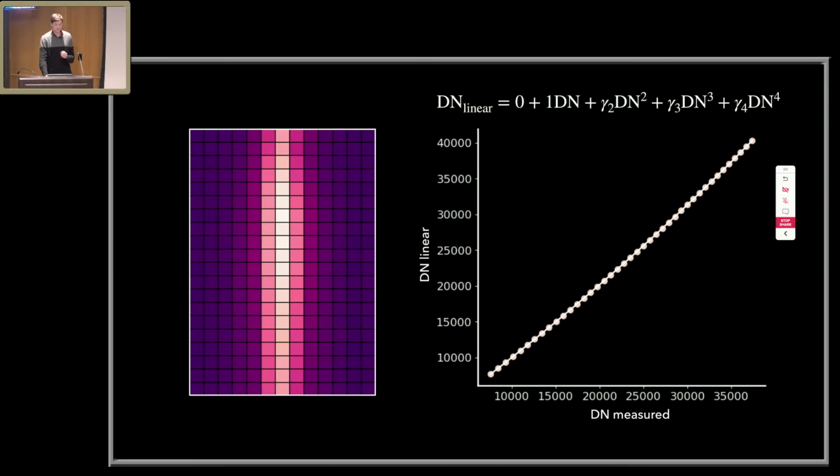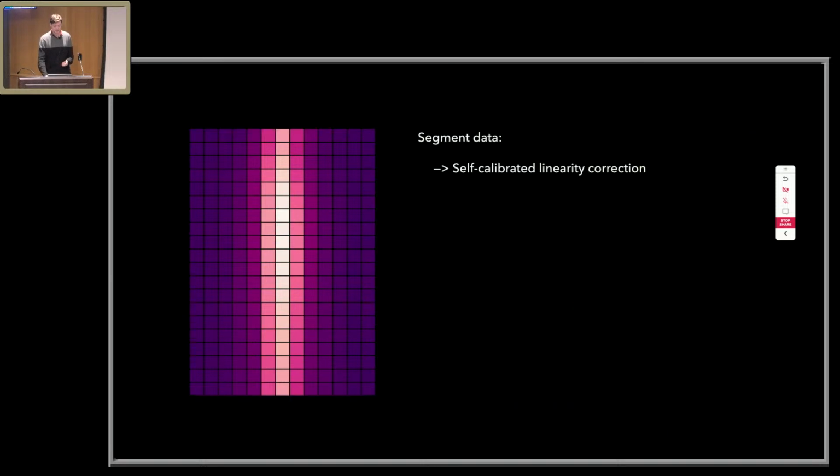And so the first algorithm I'm going to present to you is a really simple idea, is to simply segment your data based on the brightness of the pixel, and then do some kind of self-calibrated linearity correction where you can use a small fraction of your data to train those gammas of the polynomial, and then apply that to the rest of your data set. And so for MIRI LRS, which I'm showing you here, you can very coarsely just do that column-wise.